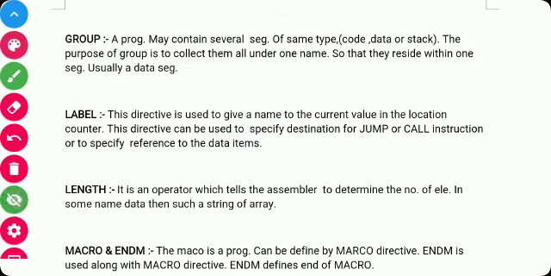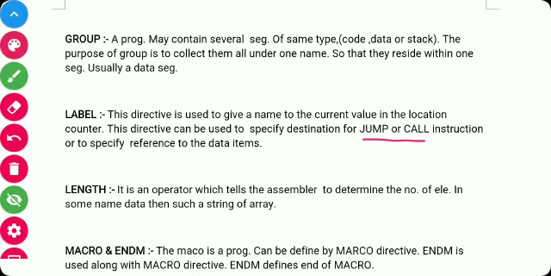Next, GROUP is used to group segments of the same type under one name. LABEL is used to give a label to the program so that a jump or call instruction can use that label to jump to that location.